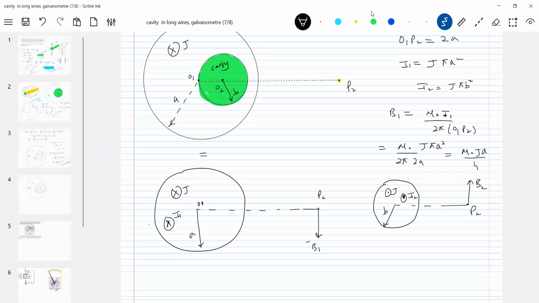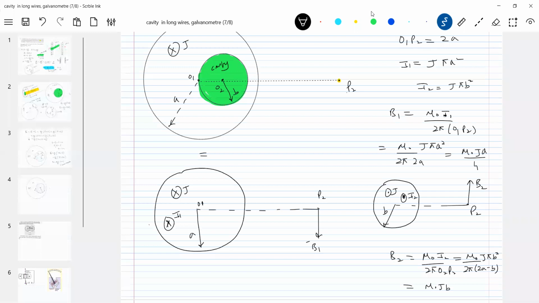Now similarly, we'll calculate B2. B2 should be equal to mu naught I2 by 2 pi O2 P2. O2 P2 should be 2A minus B because O1 P2 is given as 2A and O1 O2 is B. And I2 is J into pi B square.